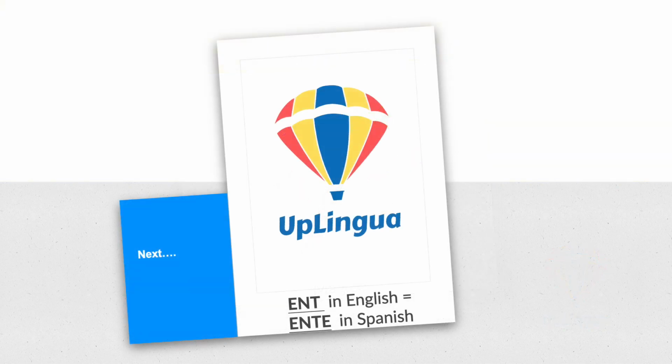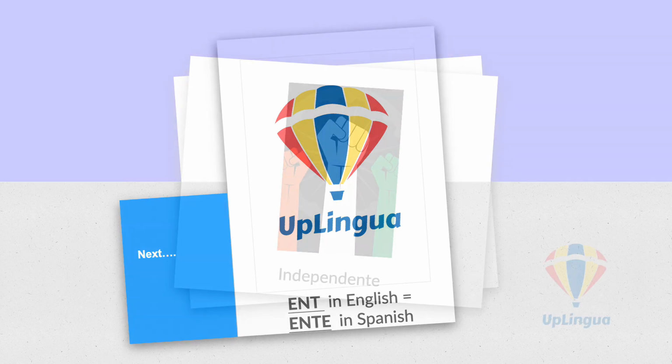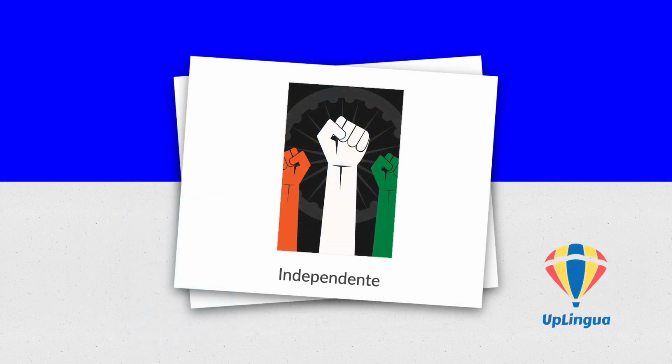Now, words ending in ENT become words ending in ENTE. So ENT in English converts to Spanish by adding an E. Independent becomes independiente.